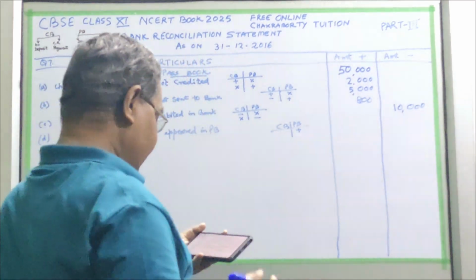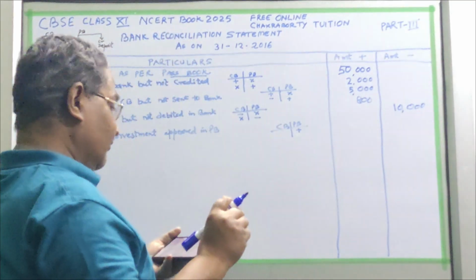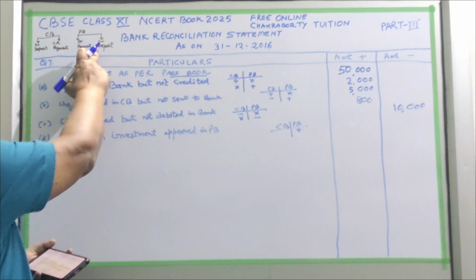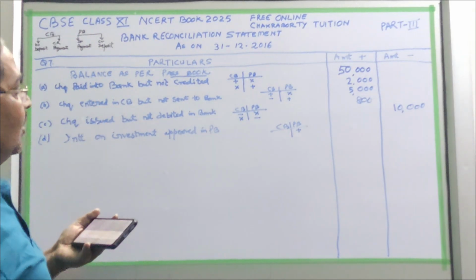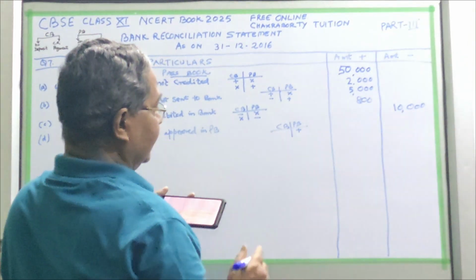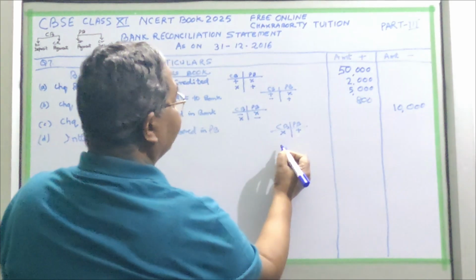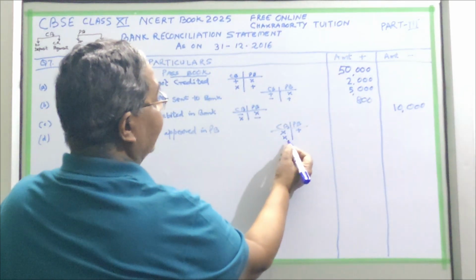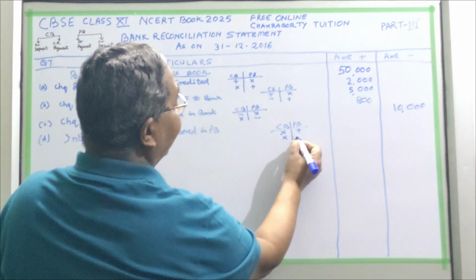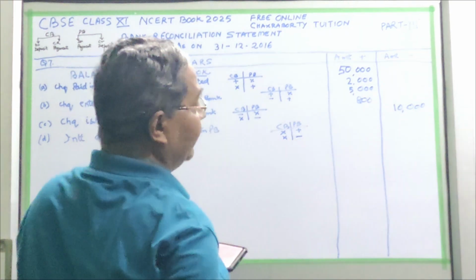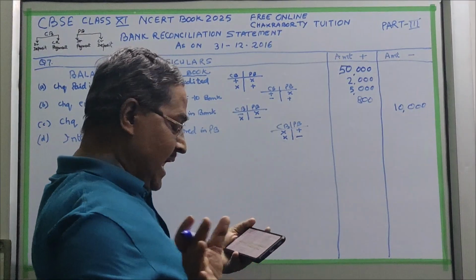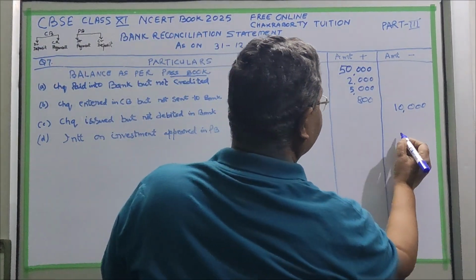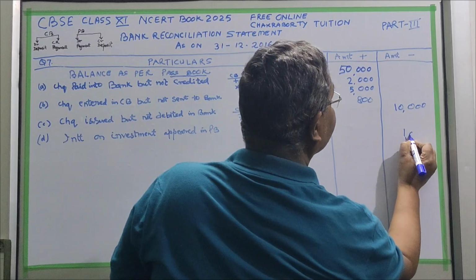Interest is credited, so when the bank collects interest, they will increase your balance. Passbook deposits are always credit entries. The businessman is not aware, and we cannot suggest anything in his book. So for the bank, it should be a minus entry, just to confirm the differences. So it will come to this side.